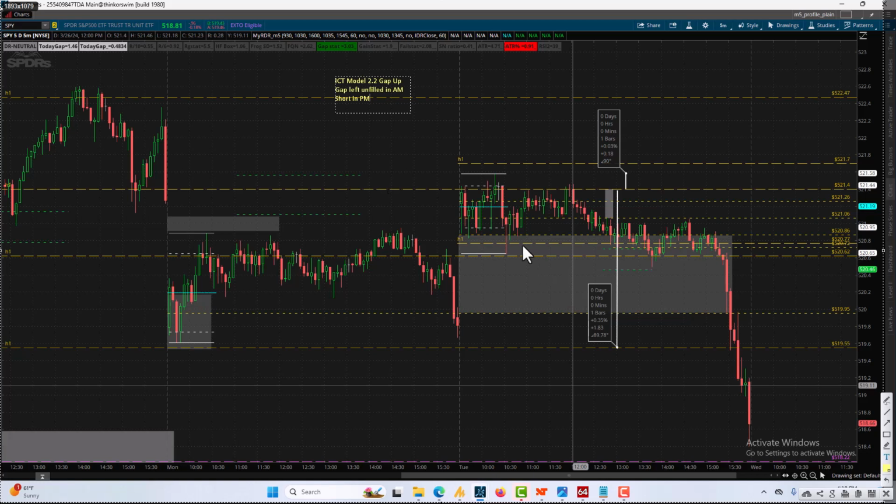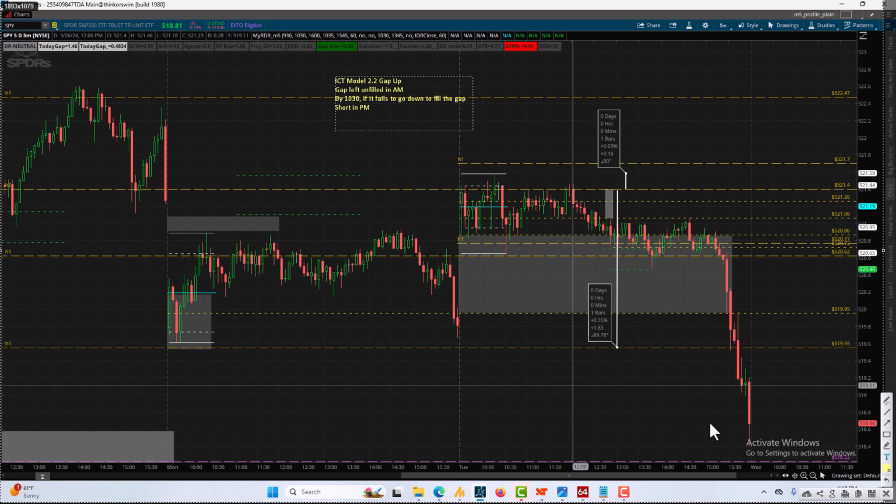And the gap down at 10:30. By 10:30, it failed to go down to fill the gap.